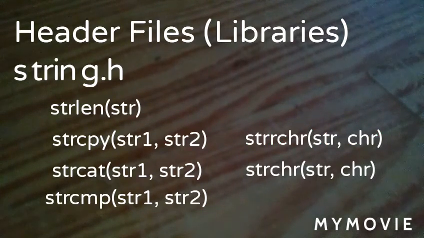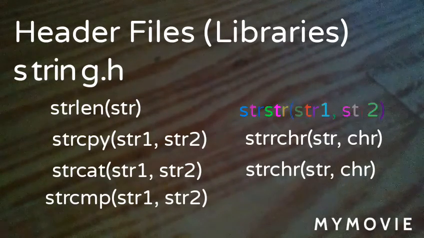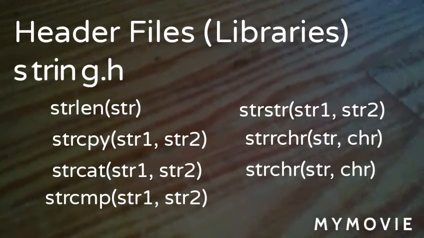It is like strchr, but it finds the last occurrence of chr instead. Then we have strstr. It is like strchr, but it finds the first occurrence of a string str2 in the string str1. It returns null if str2 is not found.